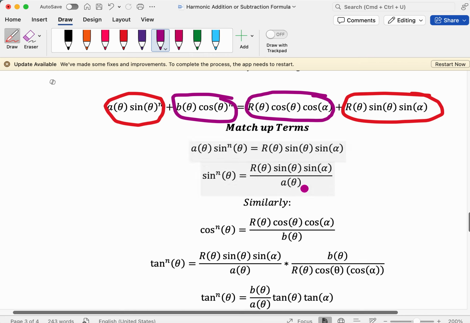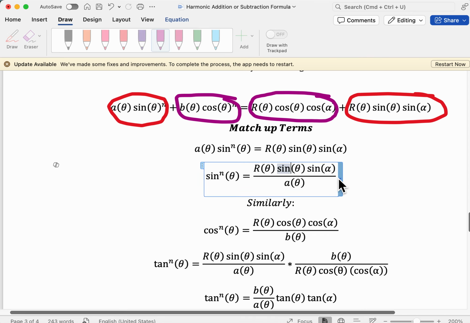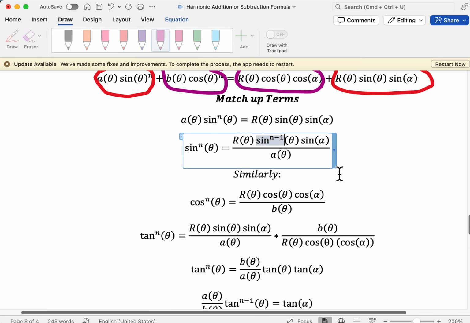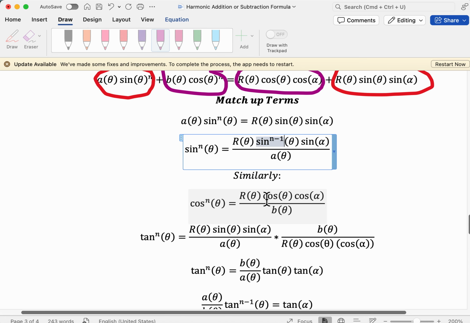Actually, shouldn't I have something different in that regard? Yep, I made an error. My apologies. There should be sine to the n minus 1 theta. And similarly, we can do it with cosine to the n theta as well.